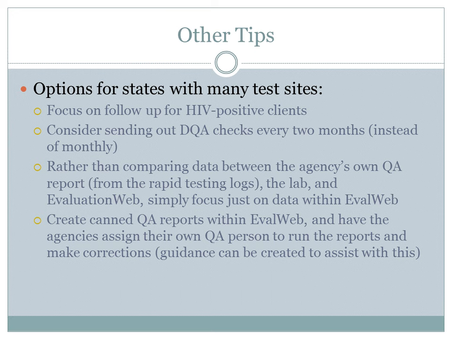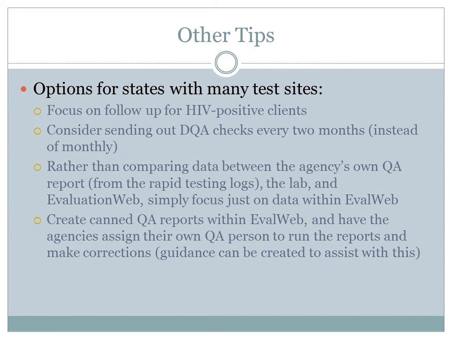So we are a low incidence state, and so having 10 contractors makes it easier for us to monitor some of this than other states. And so potential options for improving data quality, maybe just to focus on follow-up for clients who are identified as living with HIV, or maybe doing the data quality assurance checks every 2 months instead of monthly, or kind of spot checking.